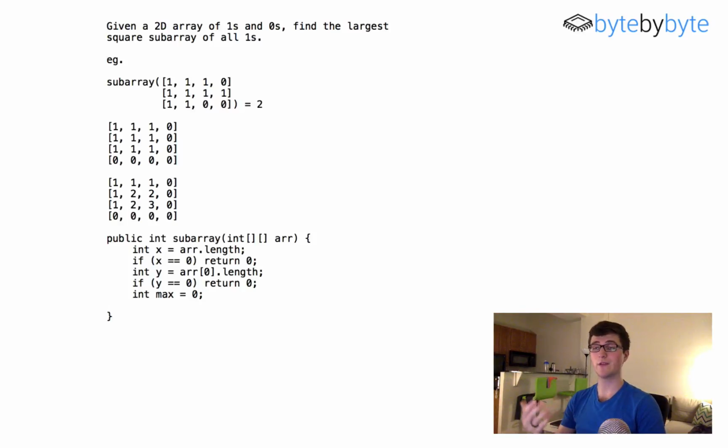And then I'm going to iterate. I'm going to create a new array, and I'm going to call it sizes, because it's the sizes of each subarray, and it's going to be a new int x by y.